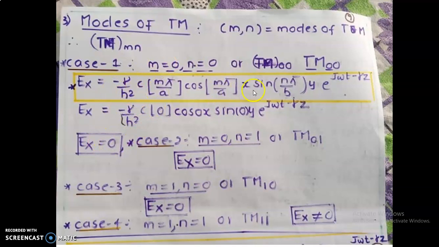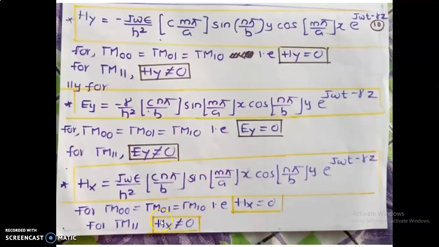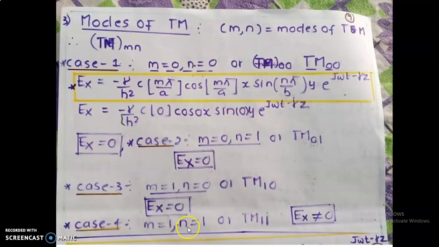Similarly, for the same equation you substitute 0 comma 1. Again I can say that because of this 0 part, that is 0 multiplication, you are going to get Ex as 0. Again you substitute m equal to 1 and n equal to 0. Then you can say that as sin 0 is 0, the whole remaining part becomes 0. Now if you substitute m as 1 and n as 1, definitely it is not equal to 0.